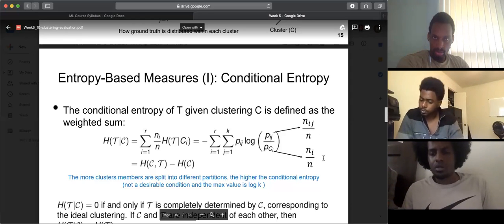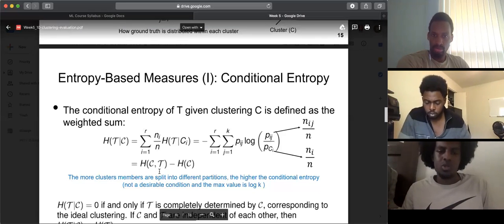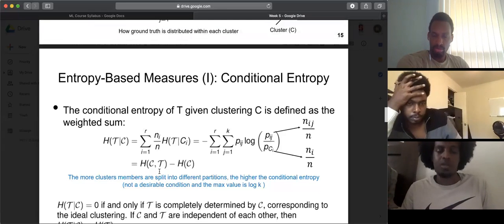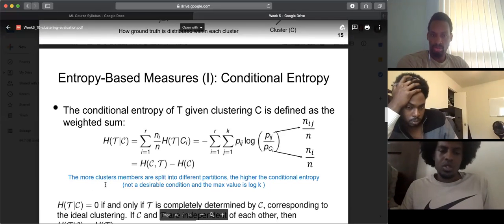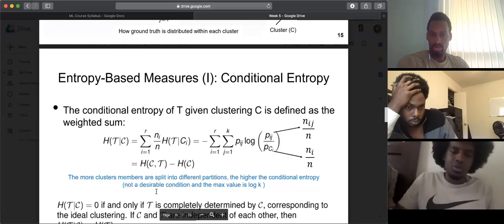And then you're taking the probability of any data point falling in cluster C over the total number of data points. And this breaks down to basically the joint distribution of the cluster and the ground truth partition minus the entropy of the clustering, right? Mm-hmm.